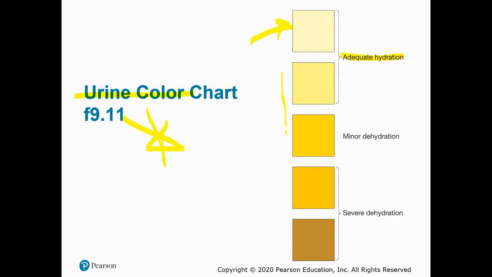And so as the color becomes more and more yellow and eventually potentially orange and brown, we move through minor dehydration to severe dehydration. So on a daily basis, if you ever see your urine at this color, this is definitely a sign to drink more water. And hopefully not too many of you are seeing your urine at these colors on a routine basis, because then you're definitely in a state of pretty severe dehydration.